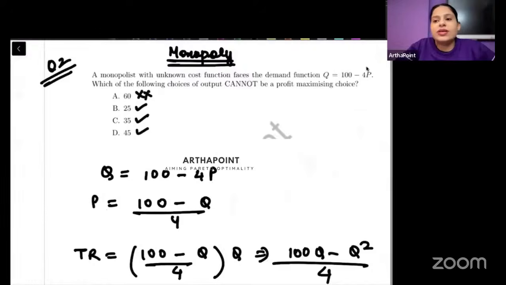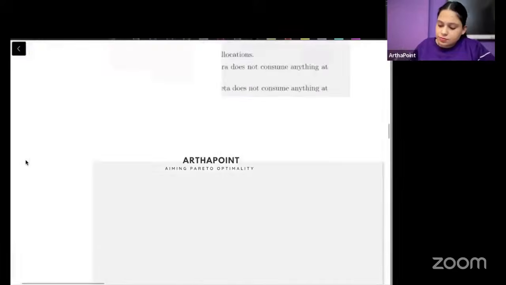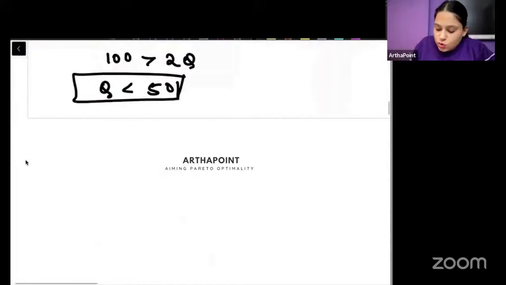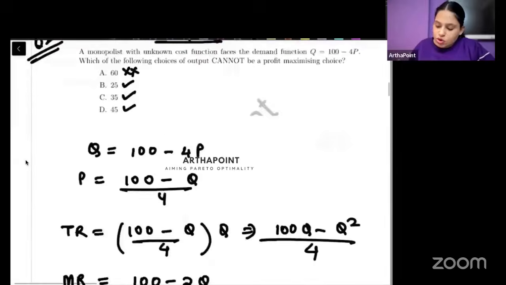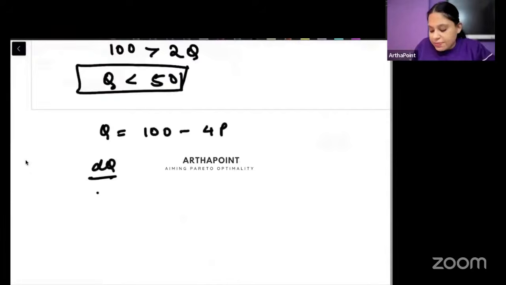Both approaches are perfectly fine. So if I use my other approach just to show you, you could have said Q is equal to 100 minus 4P. So dQ by dP will be minus 4.